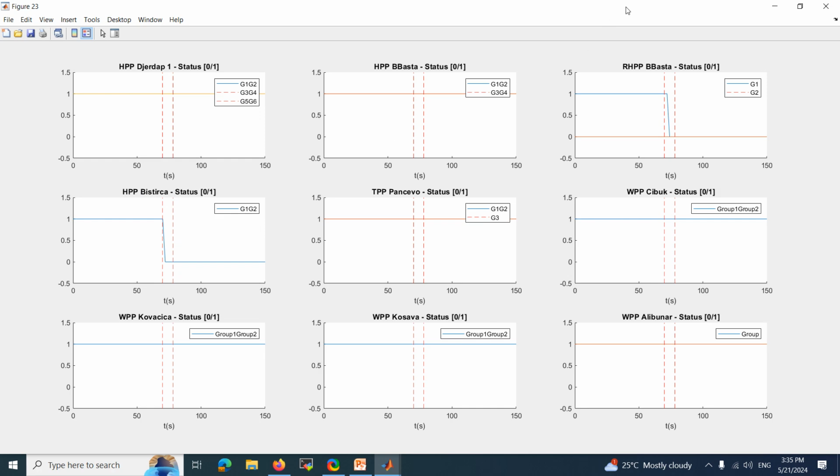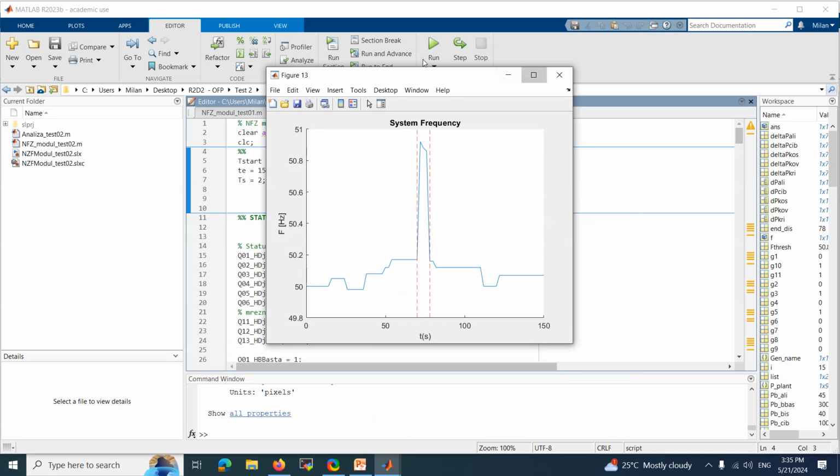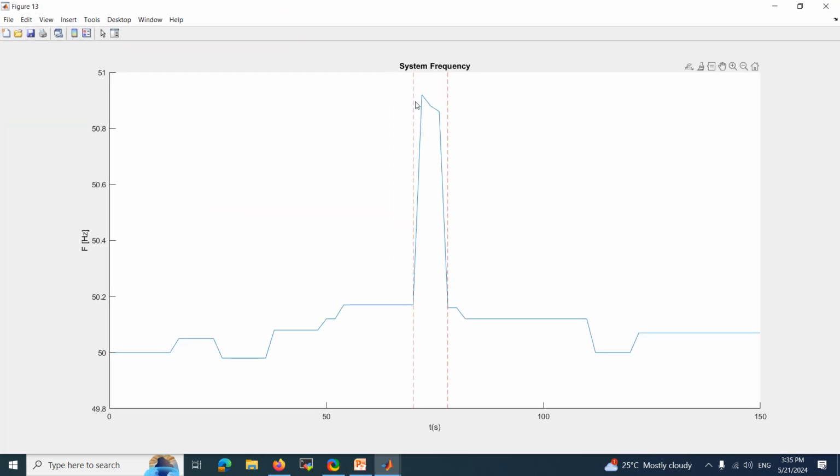The wind speed characteristics are basically the same as in the previous test. The next diagram shows the system frequency that caused the activation of the generator disconnection mechanism, and it returns to the allowed range, which is a consequence of the disconnected generator from the power grid.